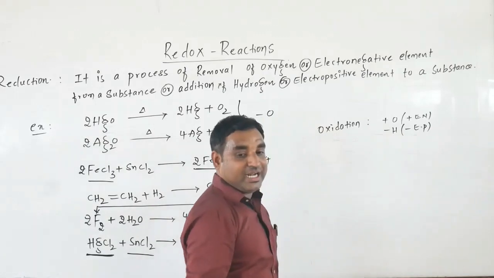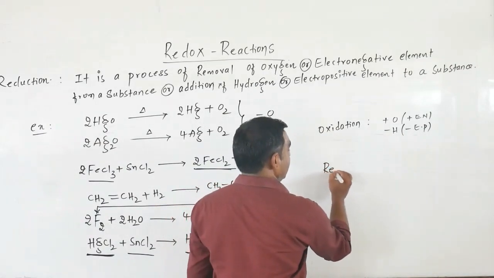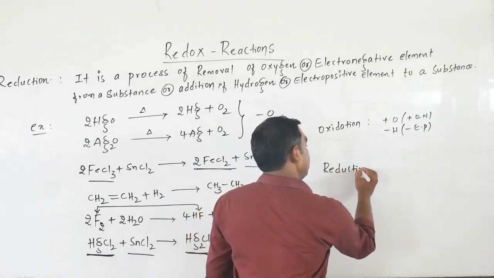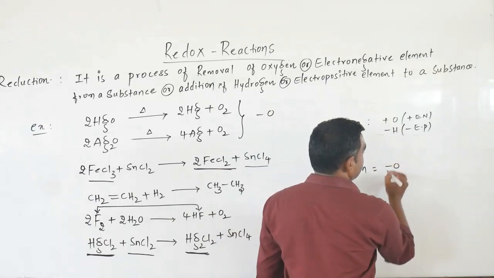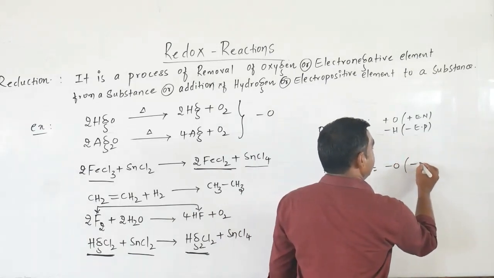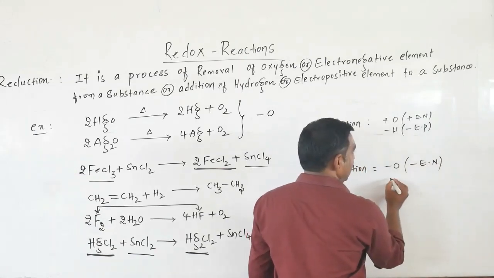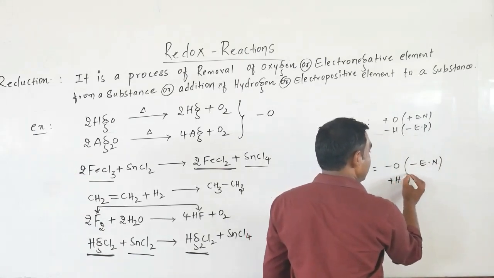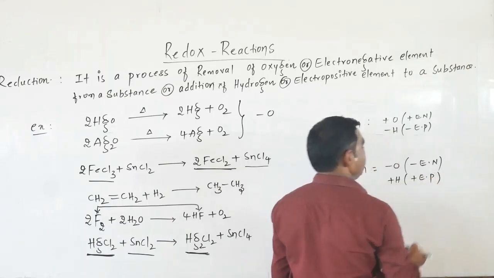Shortly, for oxidation and reduction: reduction is removal of oxygen or removal of an electronegative element, and addition of hydrogen, or addition of an electropositive element.